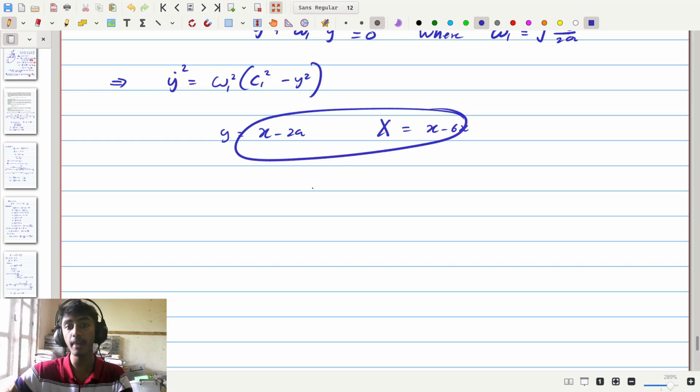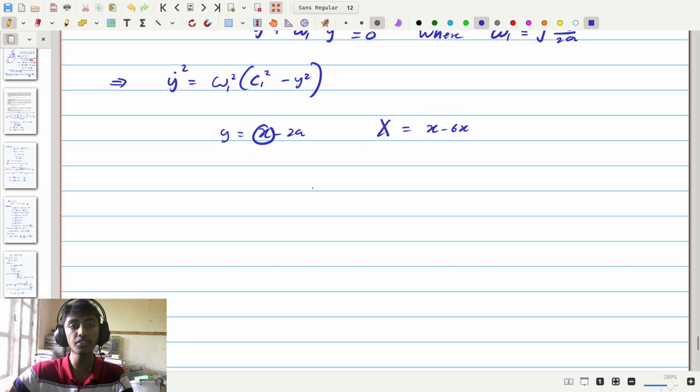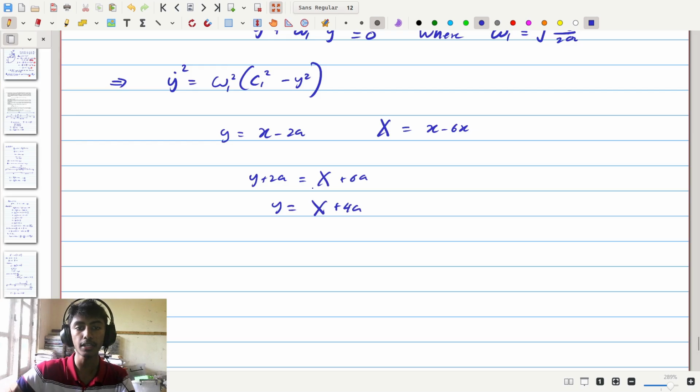Combining these two, x is equal to y plus 2a, and x is equal to capital X plus 6a. So y plus 2a equals capital X plus 6a, meaning that y is equal to capital X plus 4a.